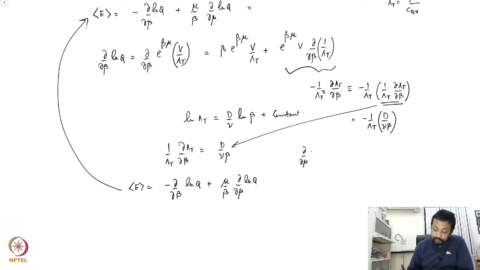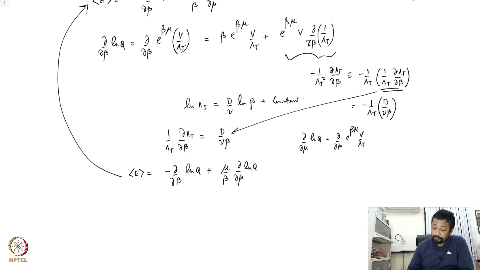Del mu of ln q is quite trivial to do. It is del mu of e to the power beta mu V over lambda_t. Neither volume depends on the chemical potential, nor does lambda_t depend on the chemical potential, and therefore you just have beta times e to the power beta mu V over lambda_t.